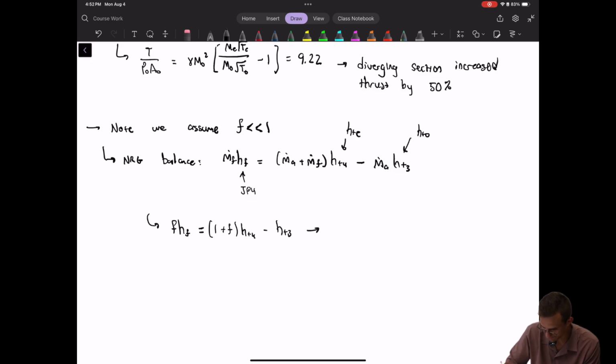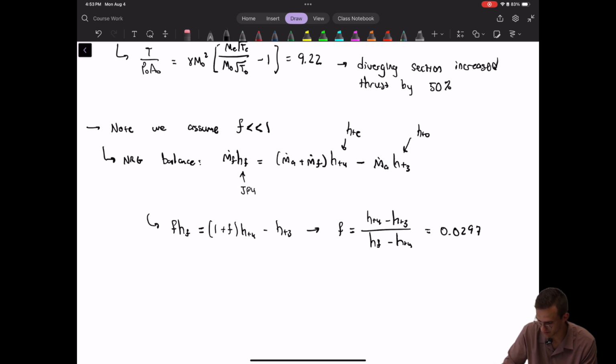And we can calculate f as ht4 minus ht3 divided by hf minus ht4. hf is just a value we look up. Okay, and if we plug in all of the values that we have from our scenario here, we get 0.0297, which is quite small. And so our assumption that it's very small is good.